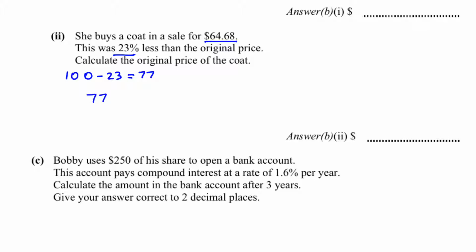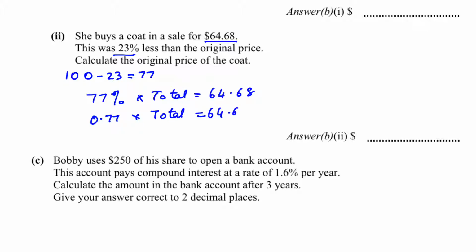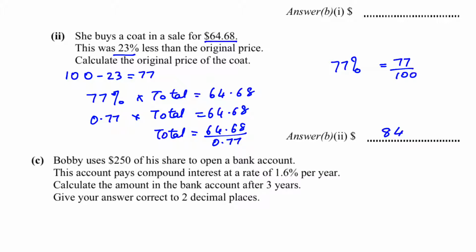So 77% of the total is 64.68. Therefore, we can write 0.77 multiplied by the total is equal to $64.68, and the total will be 64.68 divided by 0.77. We'll get $84. 77% means 77 divided by 100, and that gives us 0.77.